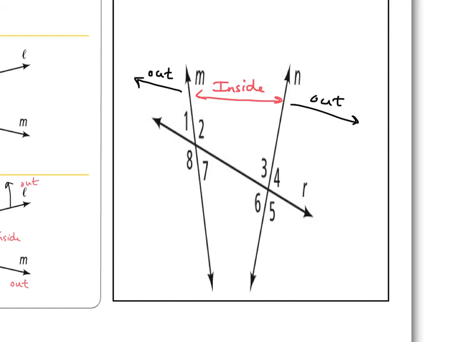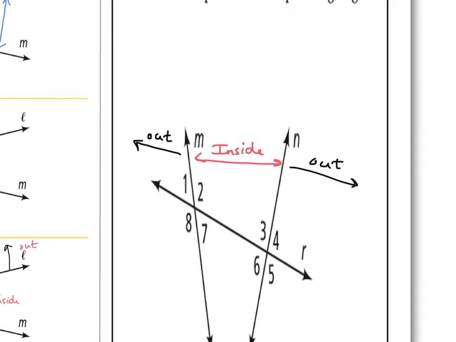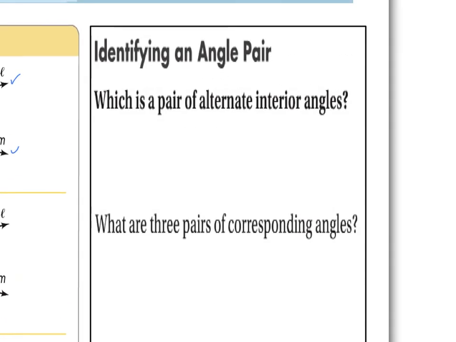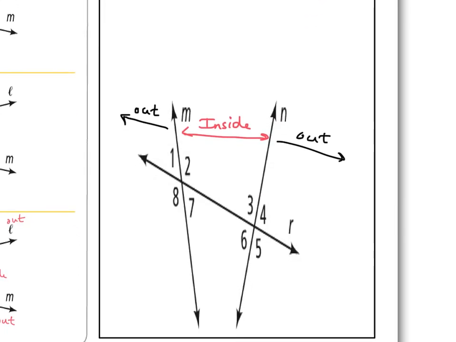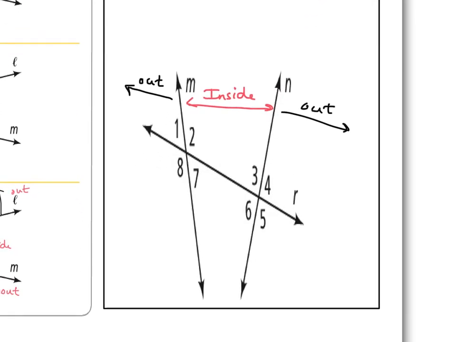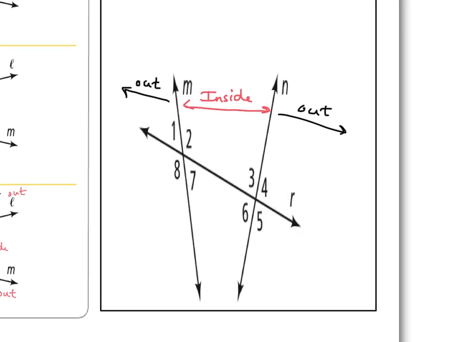So what I need to know is a pair of alternate interior angles. They've got to be on different sides of the transversal, but they're on the inside. So I have 4 choices: 2, 7, 3, and 6. Now if I want them to be on opposite sides, I'm going to match these 2 together. Those are alternate interior.